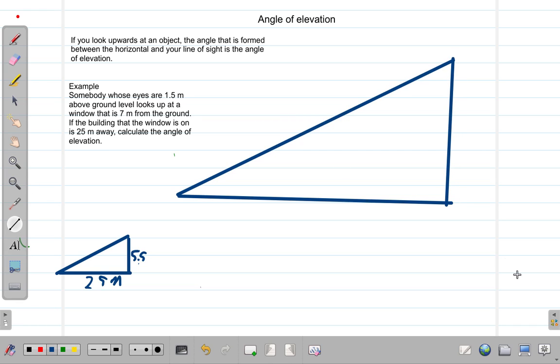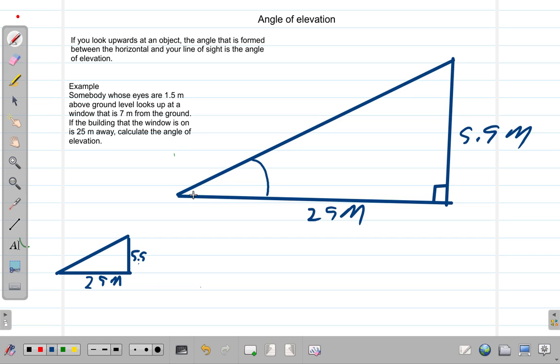Generally, the building would be upright. Imagine that it's a horizontal ground and the building is standing upright. Then we have 90 degrees here, 5.5 meters here, and 25 meters. And the angle that we want is this.